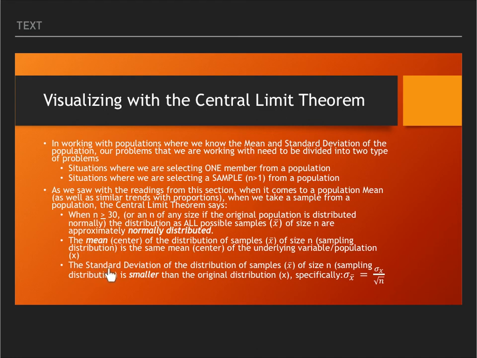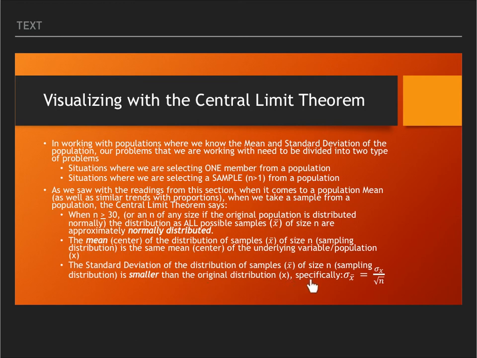Third, the standard deviation. This is where we really see some changes here. The standard deviation of the distribution of samples of size n, which is again called our sampling distribution, is smaller than the original distribution.